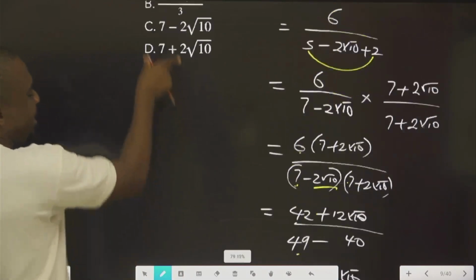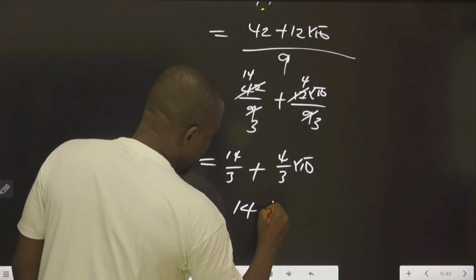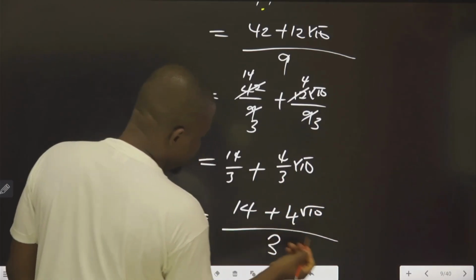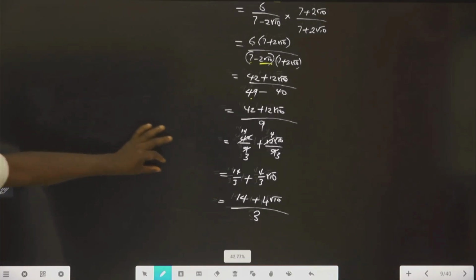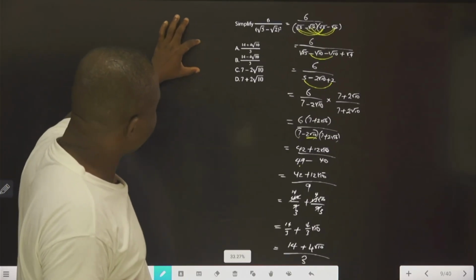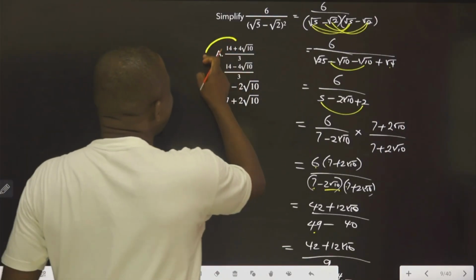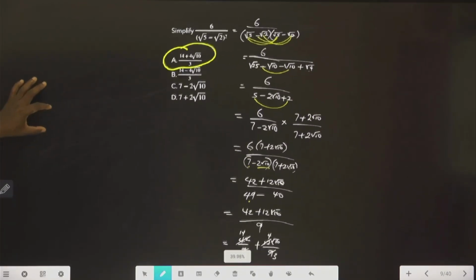So let's make it just one denominator. Now let's check the answer. 14 plus 4 square root of 10 over 3. A is the answer.